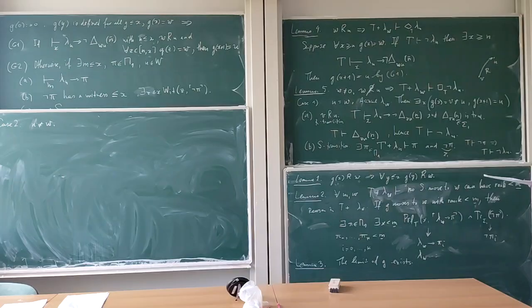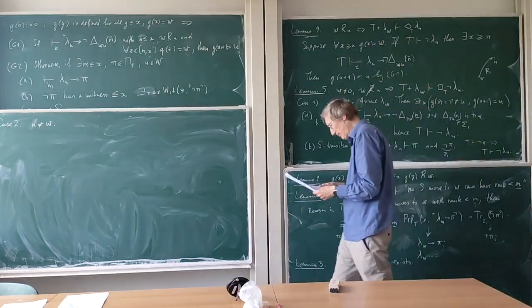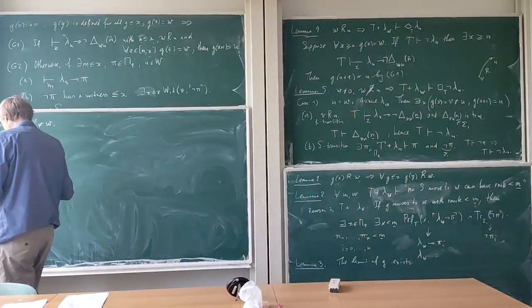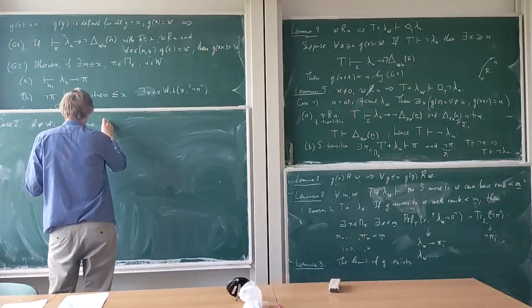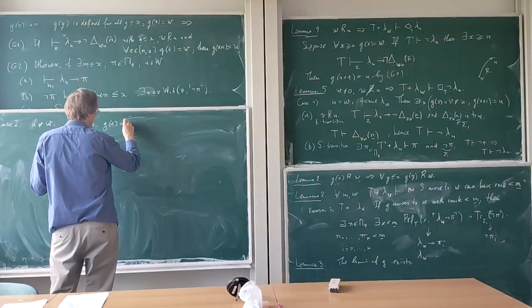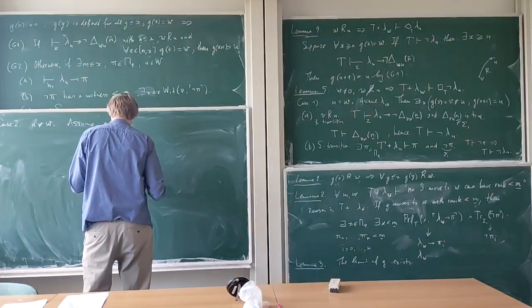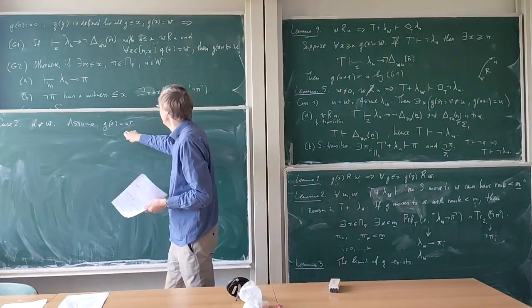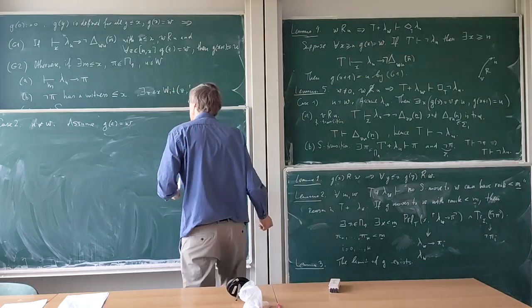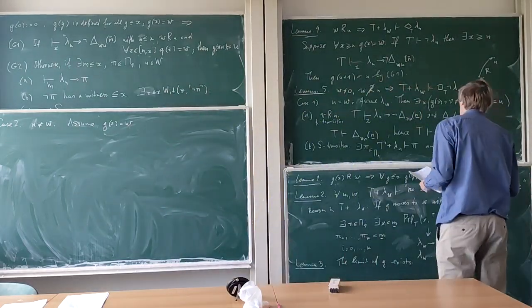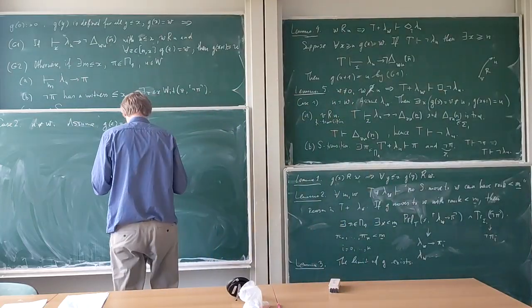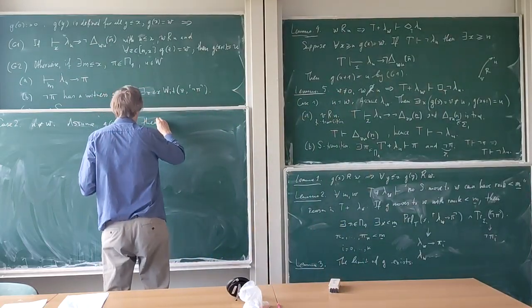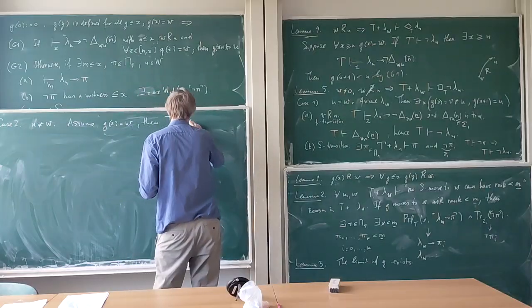It doesn't simplify your argument, but anyway, let's see what we have here. I assume G of Z is W. Our function G was in W at a certain point Z, and then we can also verify this in T.